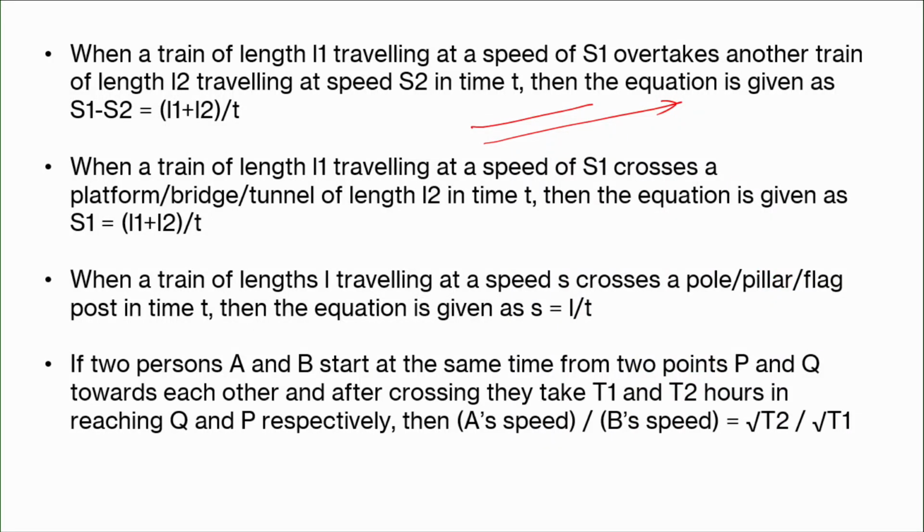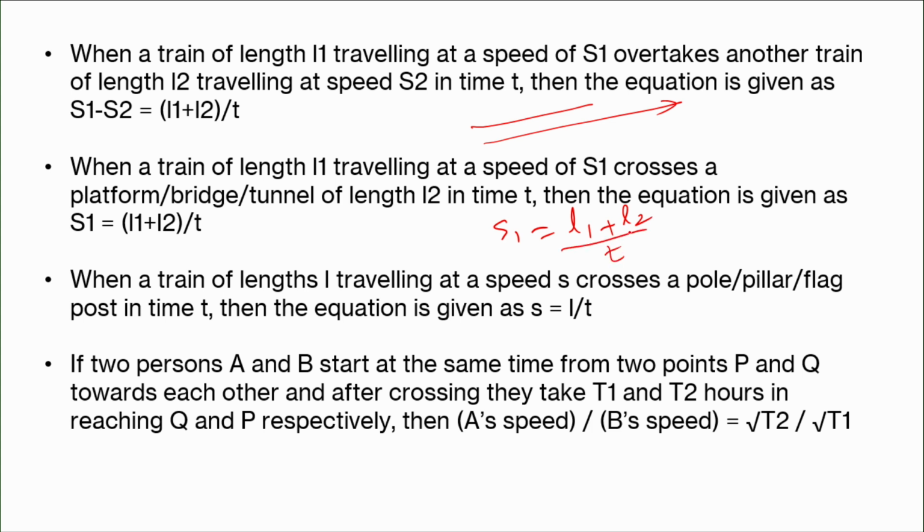When a train of length L1 travelling at a speed S1 crosses a platform or bridge or tunnel, whatever it may be, of length L2 in time t, then the equation is given: speed S1 is equal to L1 plus L2 by t.